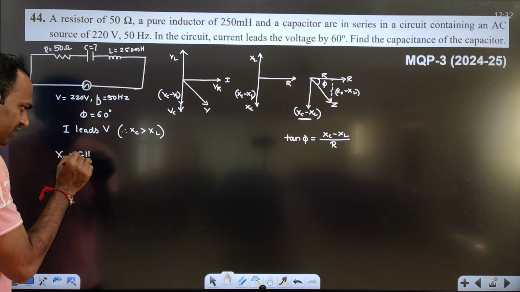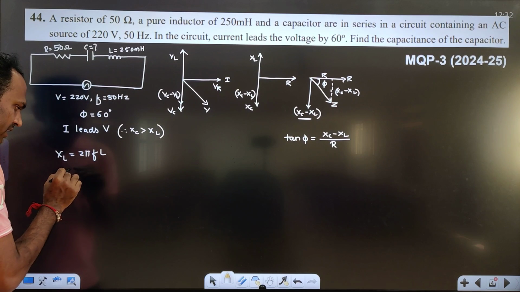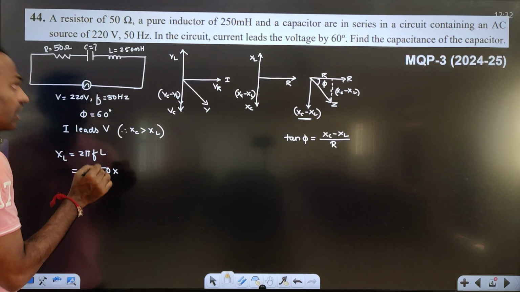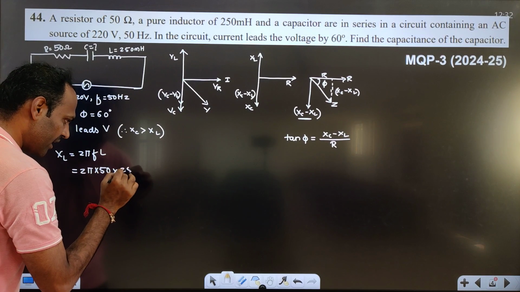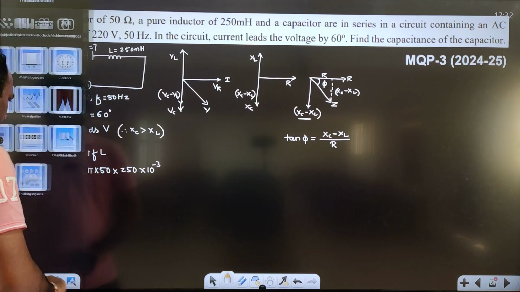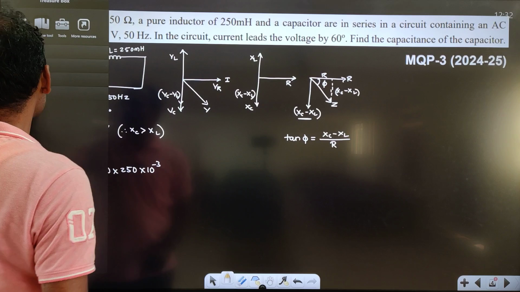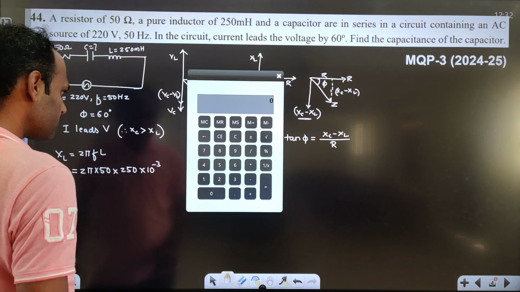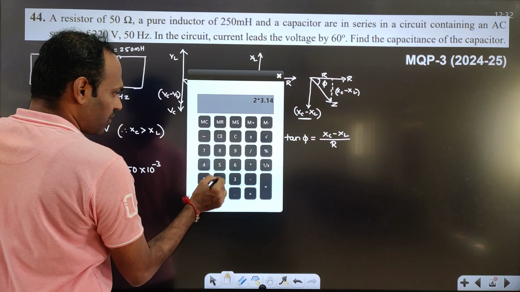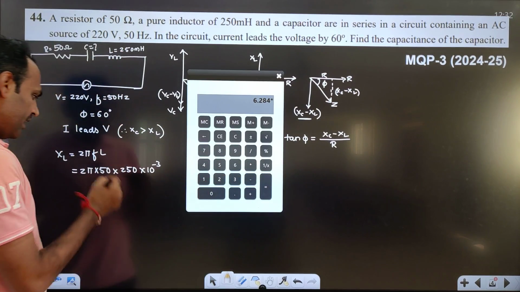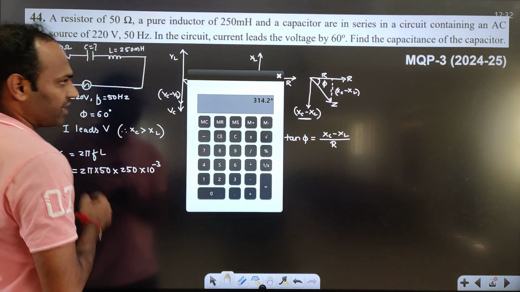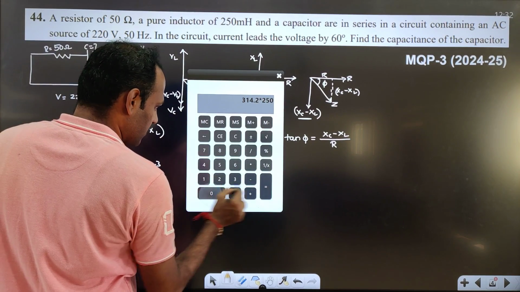Excel, the formula of Excel is 2 pi f into L, right? So f is 50. How much is L? L is 250 millihenry, 250 into 10 to the power minus 3 henry. Okay, so let us calculate this. It is 2 into pi, pi means 3.142, into 50 into 250.